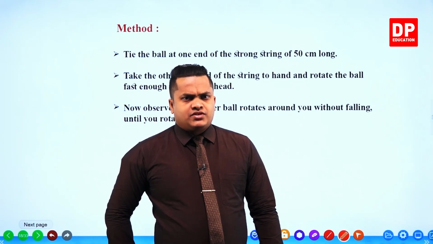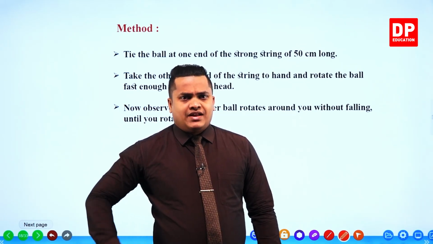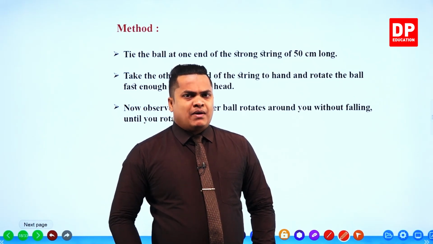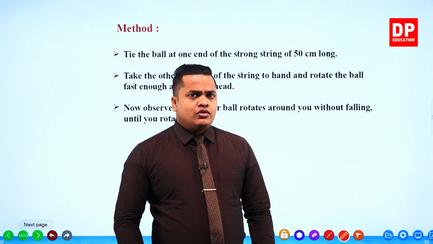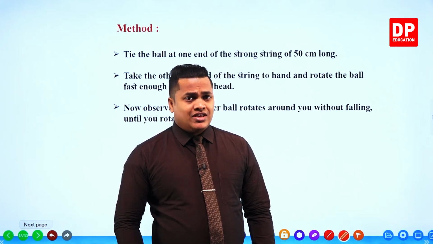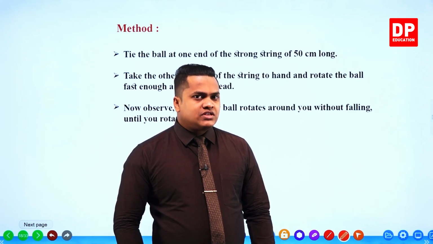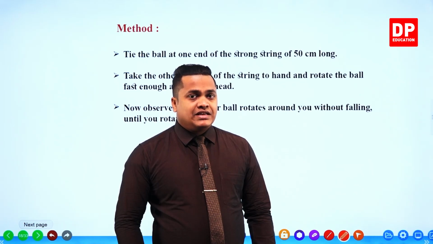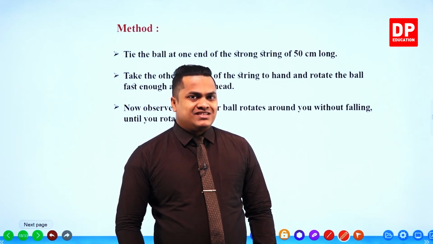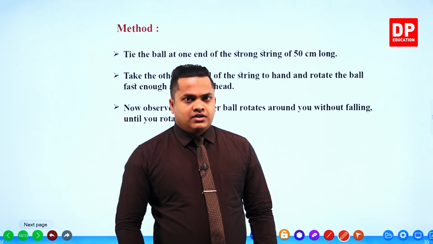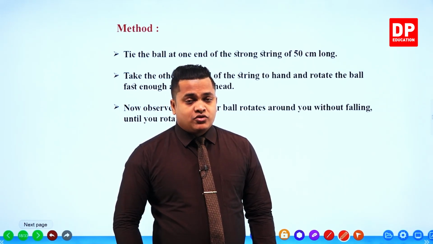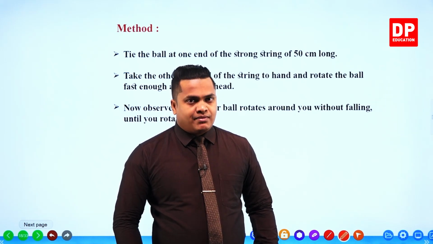It always rotates in the same path, a constant path. The path is not changing. In order to change the path or the orbit, you have to change the force given by your hand. However, if you provide the same constant force, then, my dear children, the path does not change. You can observe that the ball is going to rotate in the same path.